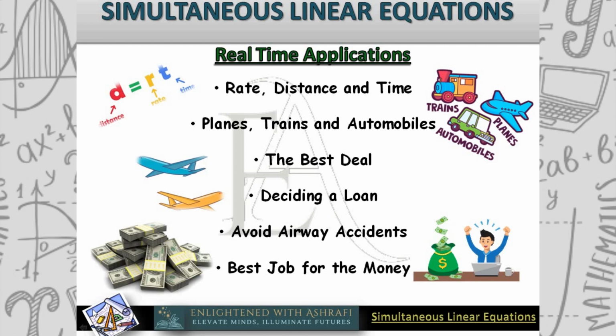By putting their values into your arithmetical expressions, you can find out the total cost of each company. On the basis of that, you can have the best deal for your traveling.